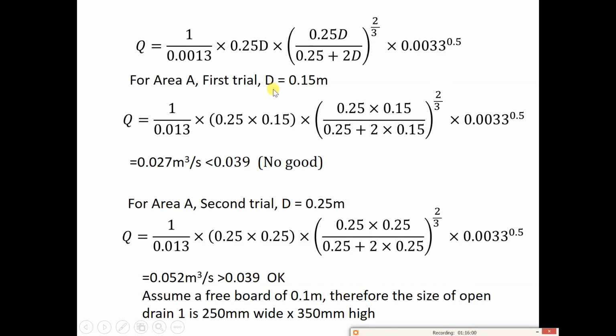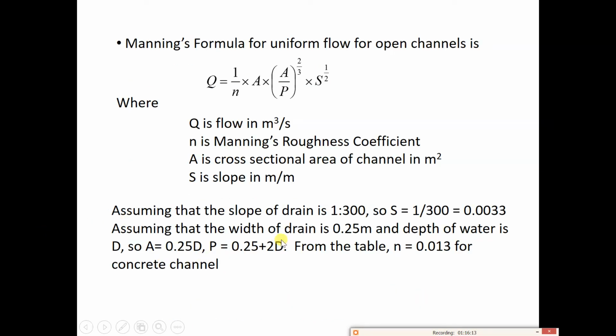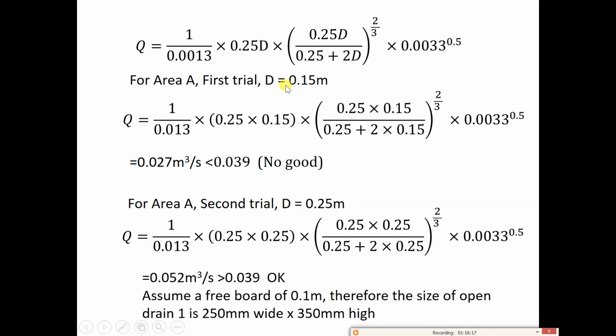We said that the width of the drain is 0.25. So we try a depth D of 0.15.